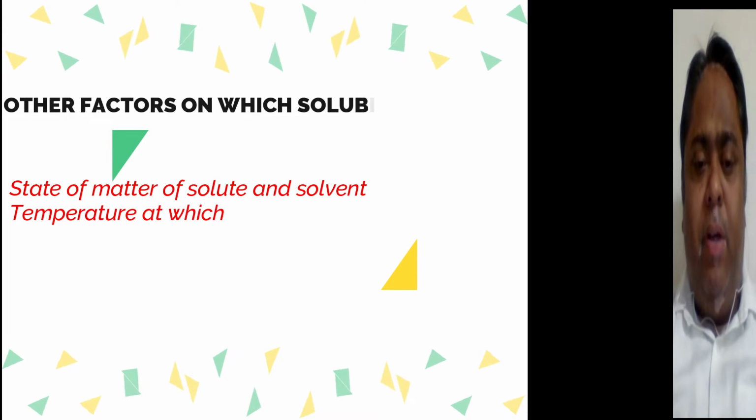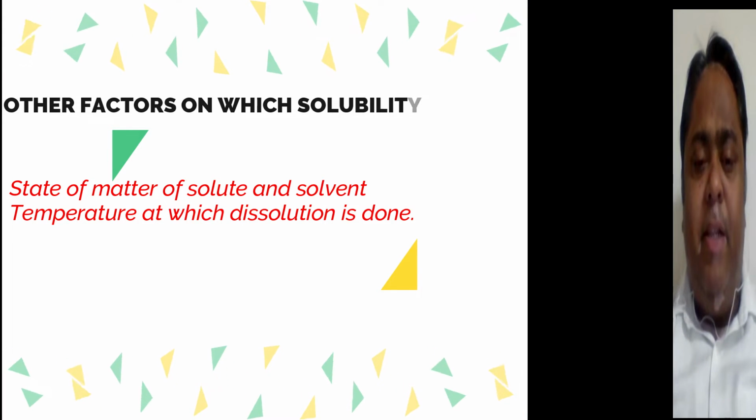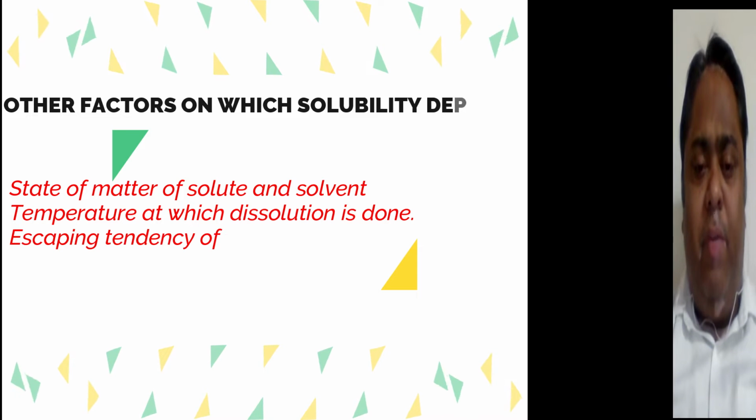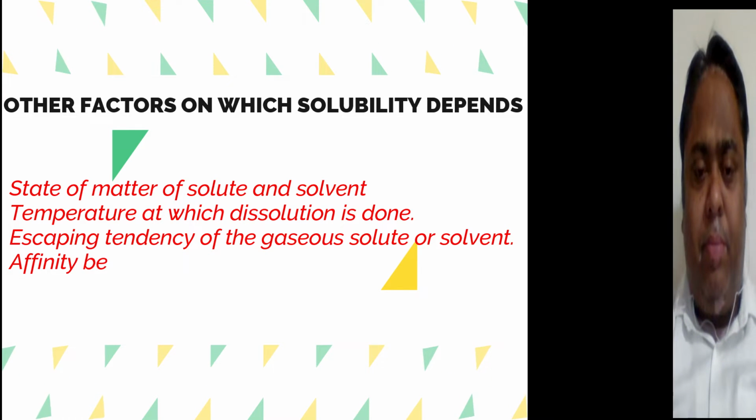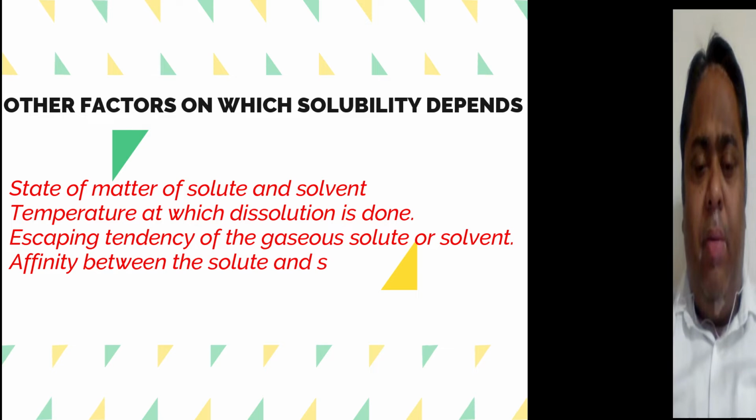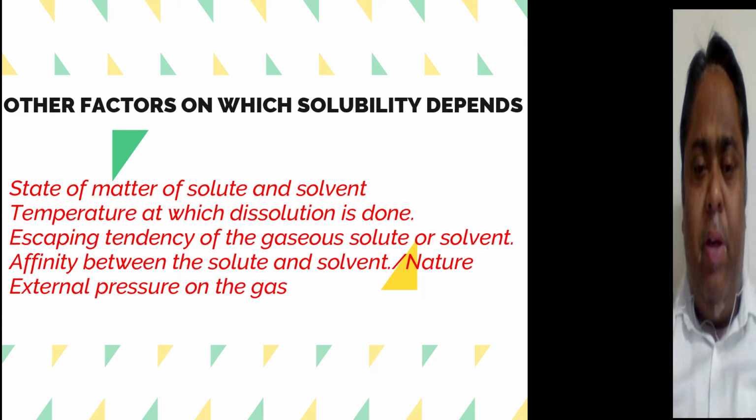But if the escaping tendency of the solute from the solvent is more, then it will be less soluble. However, by increasing pressure and decreasing temperature, solubility can be increased, but that needs consideration of the state of matter of both solute and solvent.